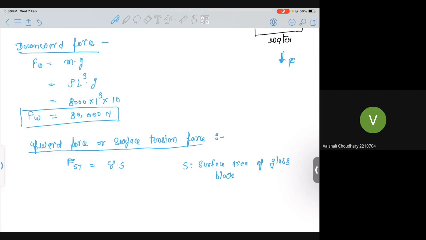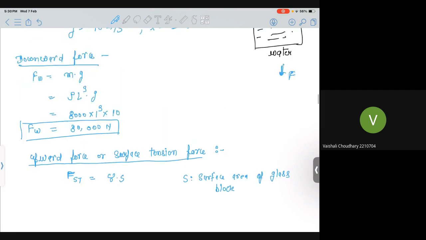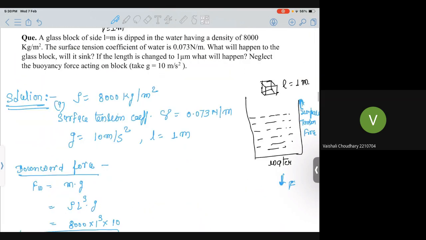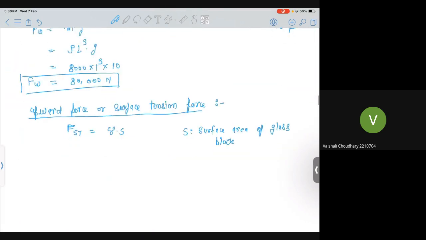Okay, so in the case of this square block, the surface area would be 4 times length.